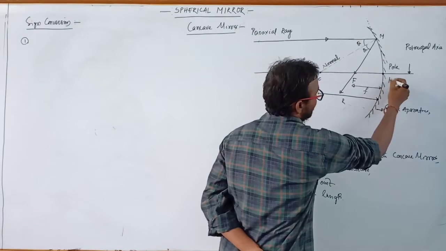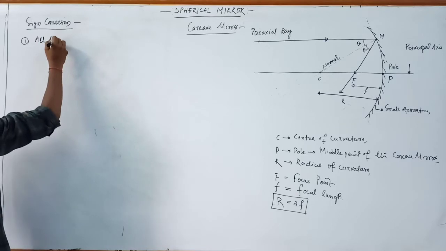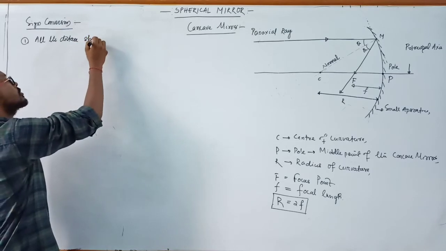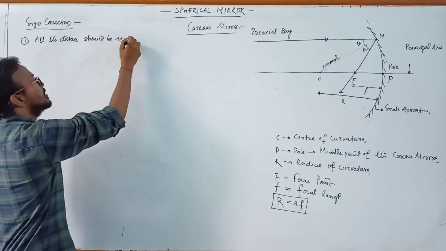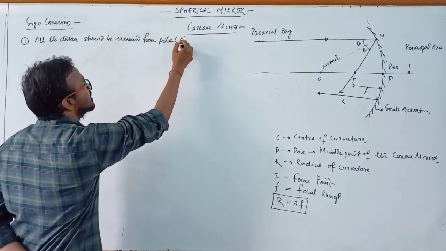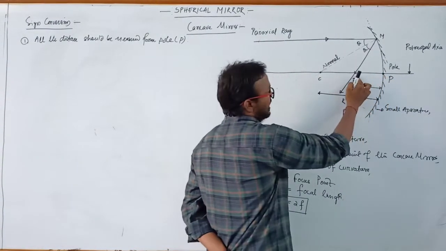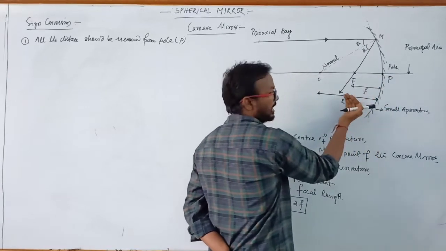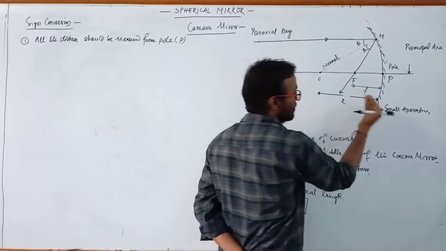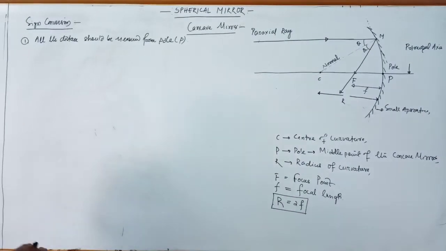This point is the pole. All distances should be measured from the pole, P. That means if we measure the focal length, we have to go from the pole to the focal point. Clear? And if we measure the radius of curvature r, we have to measure from the pole to the back side. So all distances are measured from the pole.